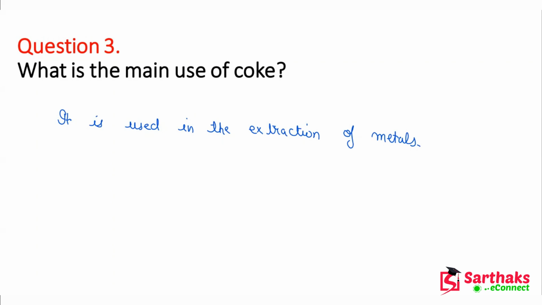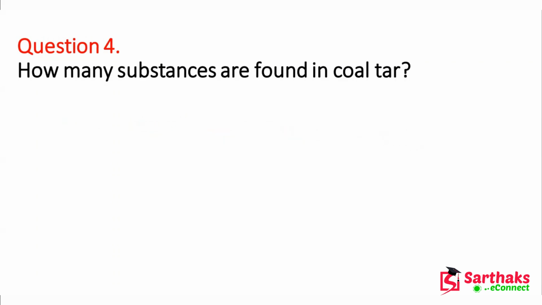The next question that we are going to look at is, how many substances are found in coal tar? We all know coal tar is a liquid, and we have studied that there are many substances present in it.